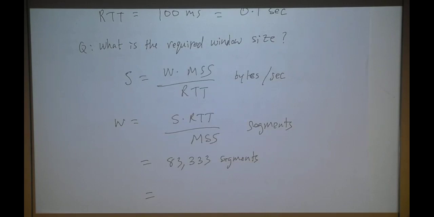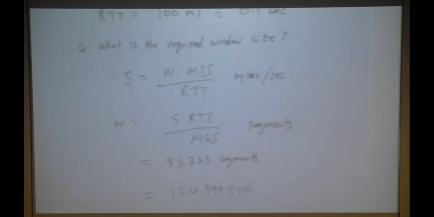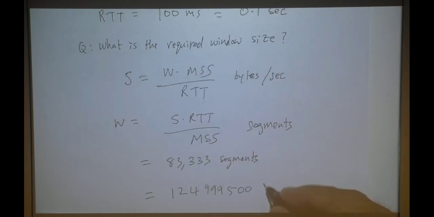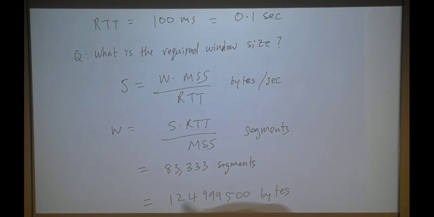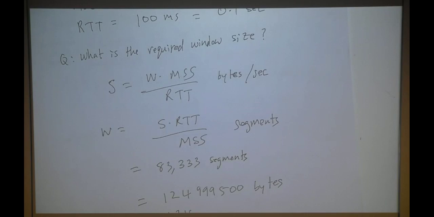So, 124, sorry, bytes. Is that correct? That's kilo, mega, what is that? 124, or roughly 125 megabytes.